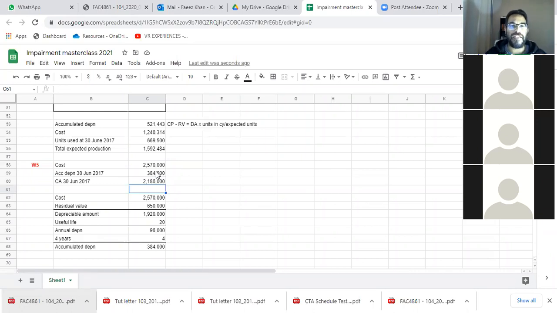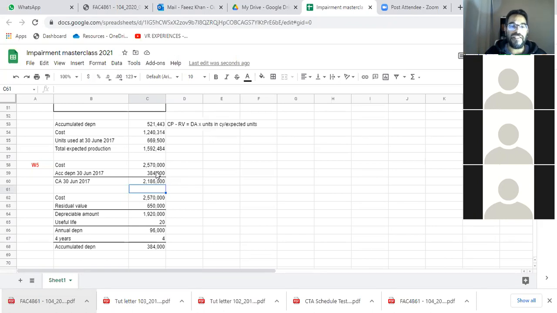When you have a corporate asset, you need to ask yourself the question, can you allocate a portion of the corporate asset to the CGU under review on a reasonable and consistent basis? The CGU under review is the wholesale division. Can we allocate a portion of this factory to the wholesale division on a reasonable and consistent basis?